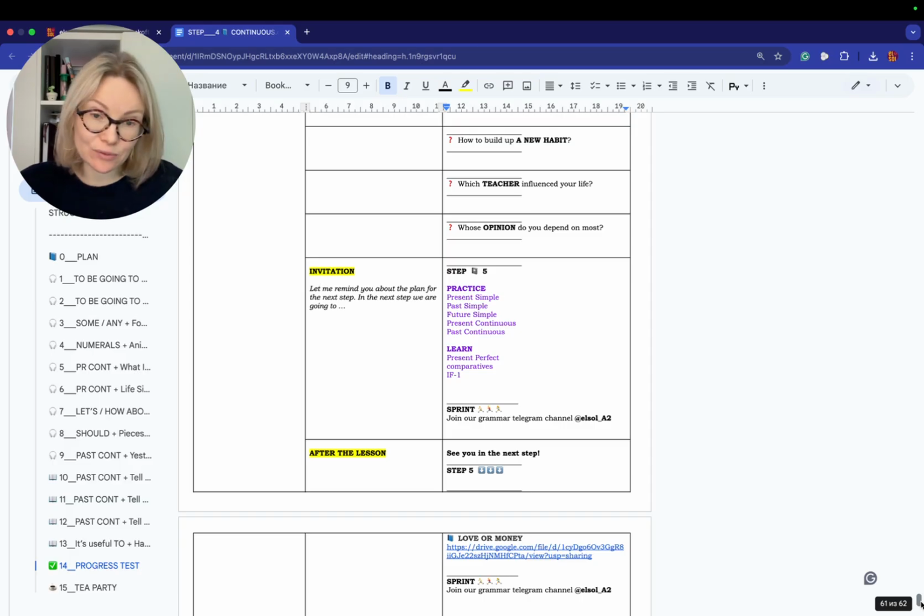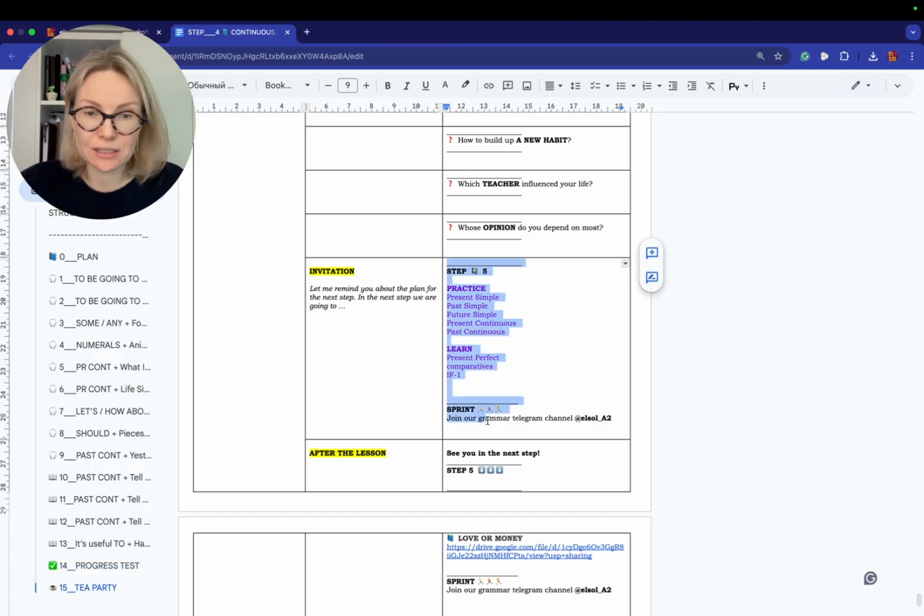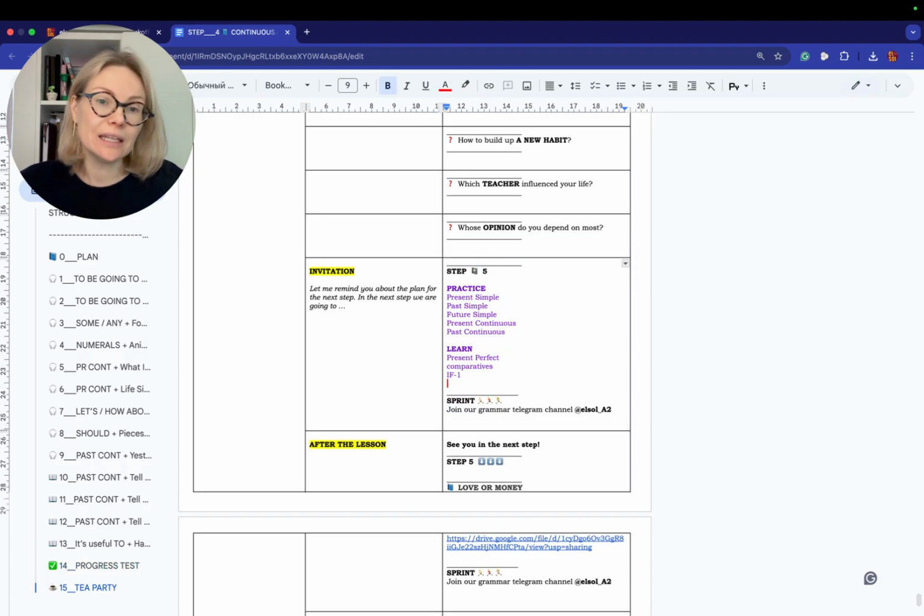At the end of the lesson, after the discussion already, you one more time introduce the step. You already introduced the step, but just in case, you copy this part and you say, my dear students, let me remind you about the plan for the next step.